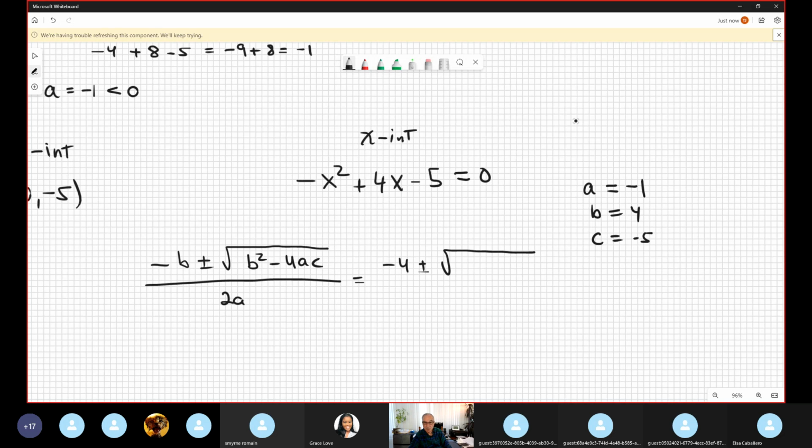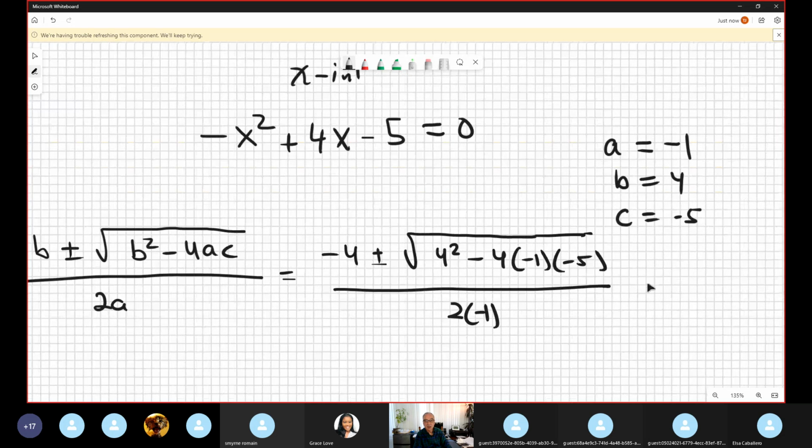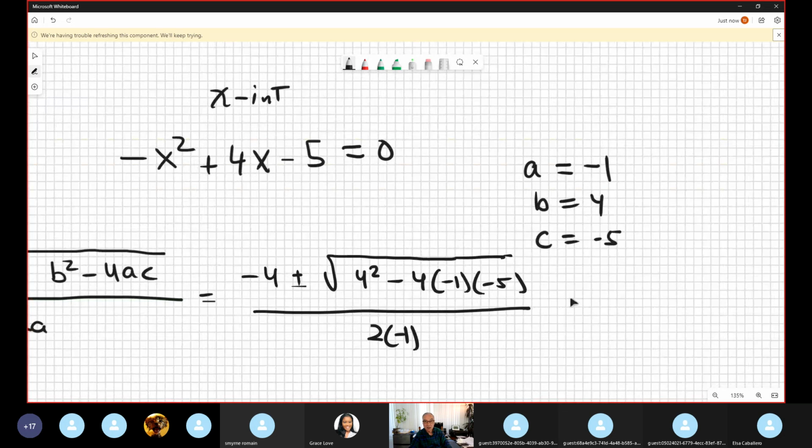B squared is 4 squared, 16, minus 4 multiplied by negative 1, be careful with the sign, and negative 5, divided by 2 times negative 1. Remember, I focus 100% on the expression inside the radical.